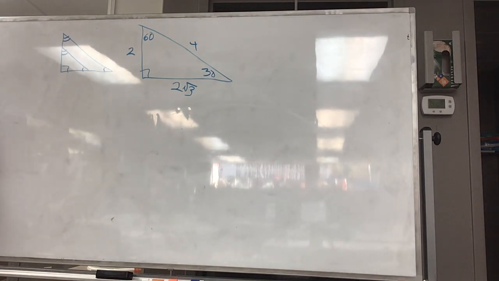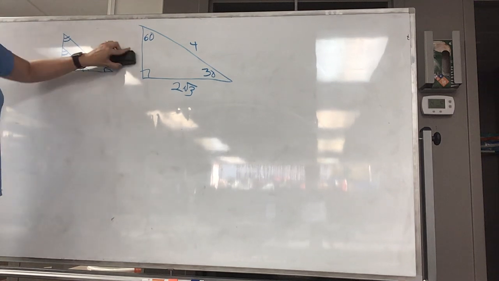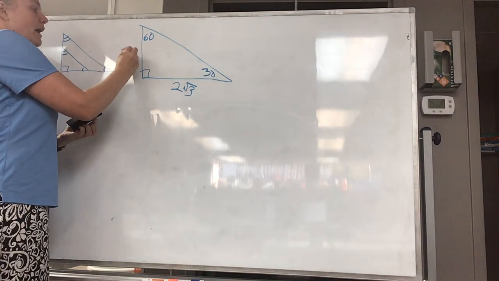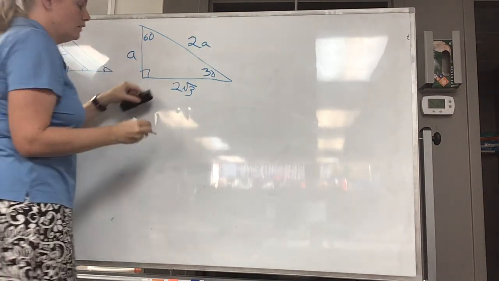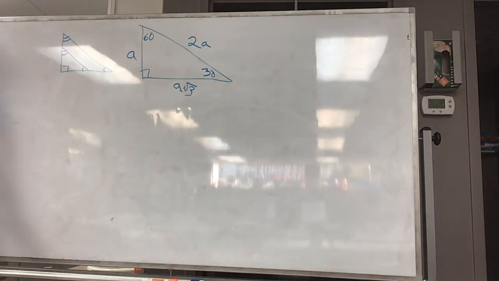And it doesn't matter what size triangle this is, it follows the pattern. Whatever this side is, call it A. This is double A, or 2A, and this is A multiplied by the square root of 3. And that always holds, as long as the angles are the same.